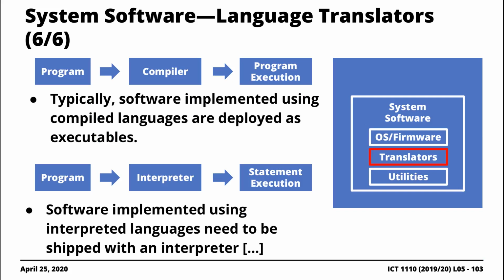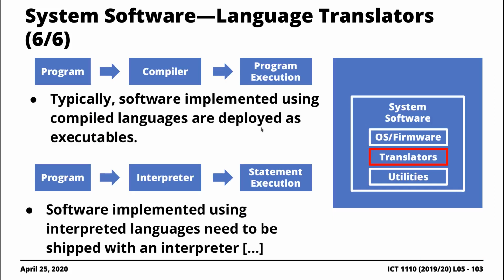All right. Again, just to recap here, in the case of compilers, the compiled languages will typically be deployed as executables. But in the case of interpreters, you typically would need an interpreter to be able to execute the programs.